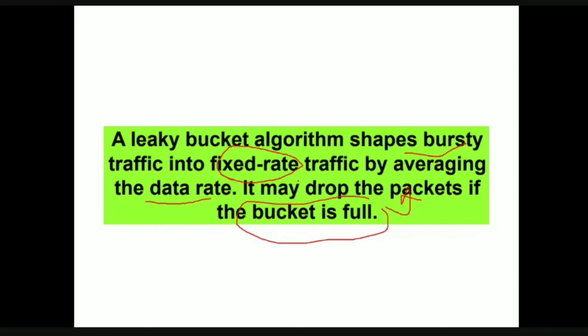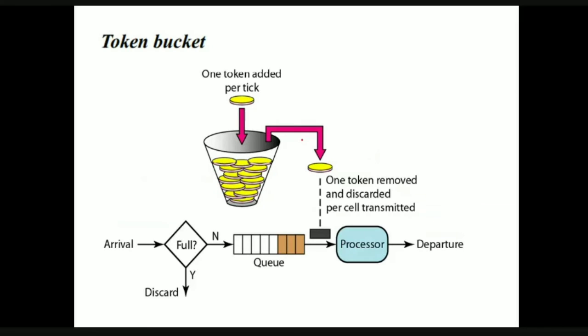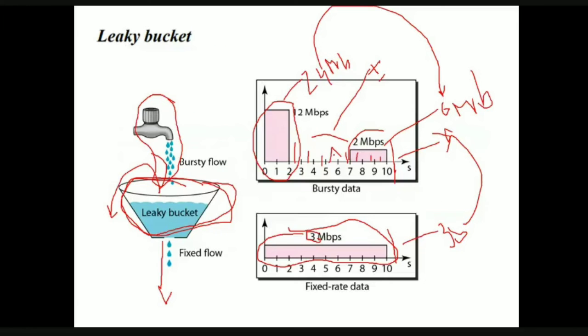So coming to the token bucket. Before discussing token bucket, in the leaky bucket algorithm, the leaky bucket is very restrictive. I'm talking about leaky bucket, not token bucket. The leaky bucket is very restrictive. It does not give any importance to an idle host. If you see here, for this amount of time, the host is idle. That is, if the host is not sending any data for this amount of time, the bucket becomes empty, obviously, right?